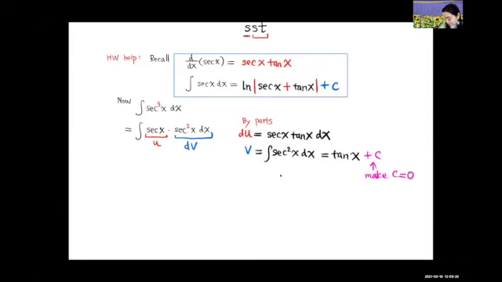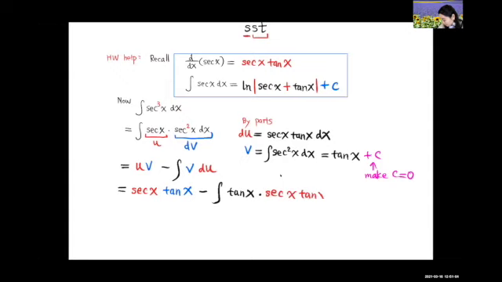So using the integration by parts formula, that will be uv minus the integral of v du, right? So u here is secant x, v is tangent x, and then minus the integral of v, which is tangent x, times du, which is secant x tangent x dx.